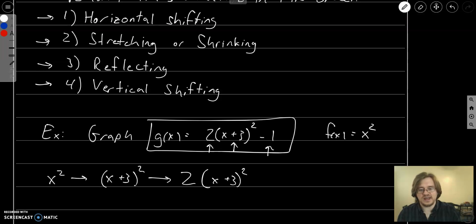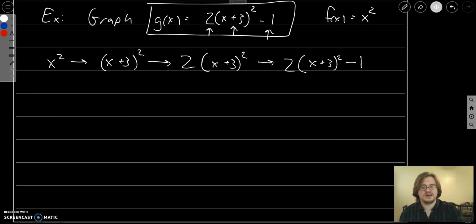But we don't have a negative sign in front of any x or anything that's multiplying x. So there is no reflecting in this example. The last thing is this vertical shift at the end. We're just going to take whatever our function happens to be, and we're going to shift it, in this case, down by 1, since we're subtracting 1.